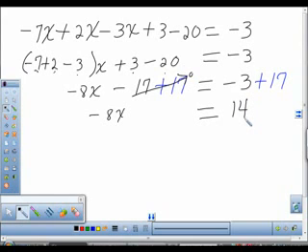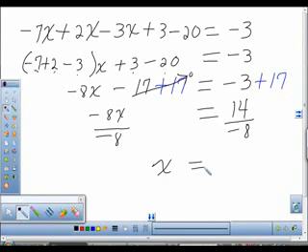Now how is the x hooked to the -8? It's hooked to it by what? Multiplication. What undoes multiplication? Division. So I need to divide both sides by -8. So I get x is equal to, what's a positive divided by a negative?